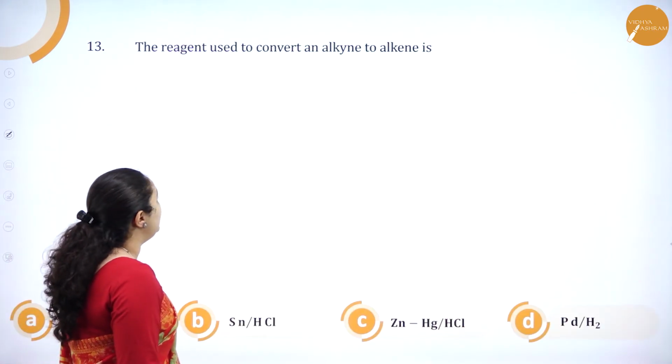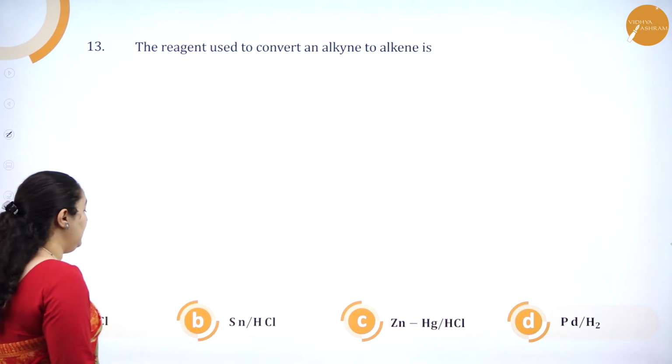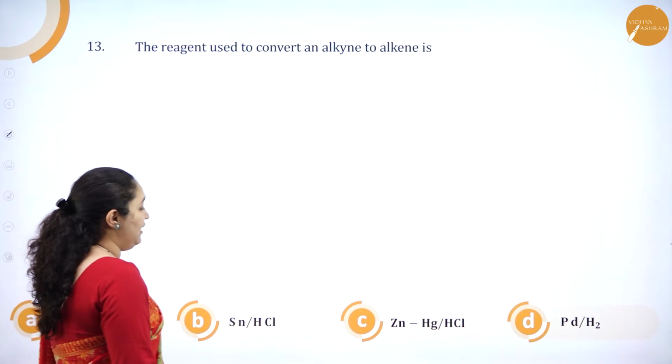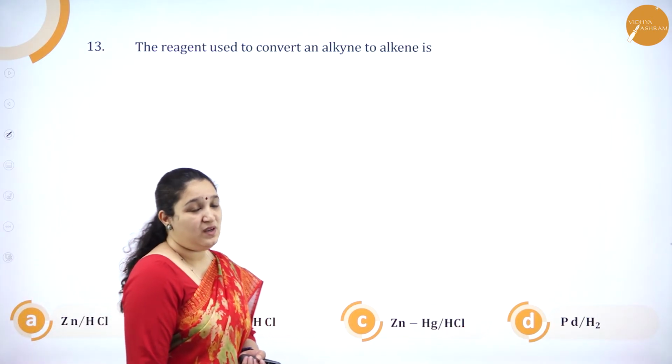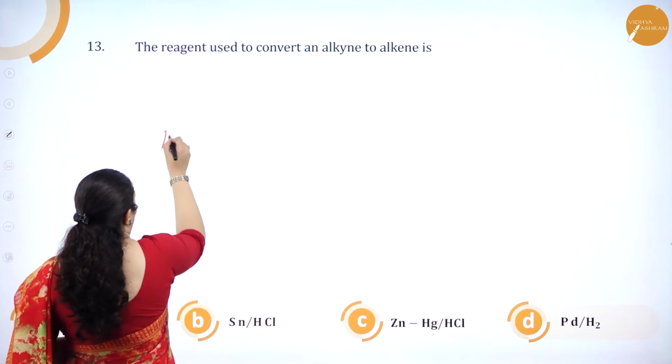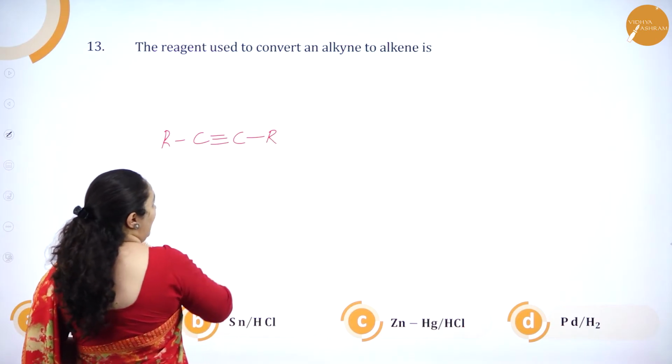Next one, the reagent used to convert alkyne to alkene is zinc with HCl, Sn with HCl, zinc amalgam with HCl, palladium with hydrogen. So you have an alkyne, R, C triple bond, C, R. This is an alkyne.